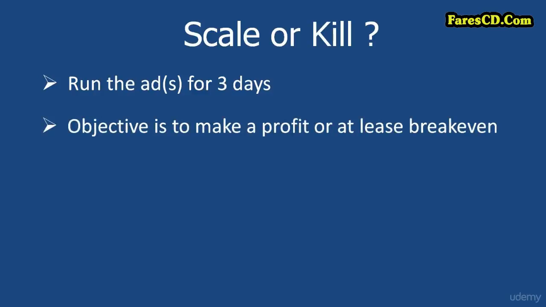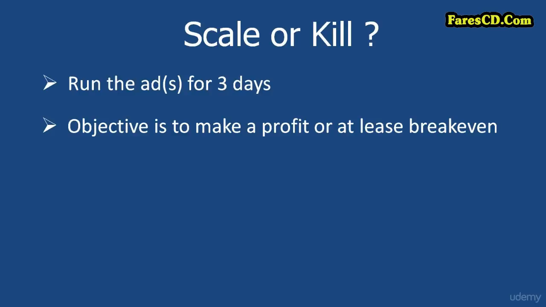Now, your objective during this period is to make a profit, surprise, surprise, or at least break even. Now that might seem a bit weird. Sorry, that should say least, not last. But anyway, you get the idea. The reason why I can allow my ads to break even is because I will have acquired a customer. And in a later slide, I'm going to talk about list building, the importance of a list, the importance of a customer.